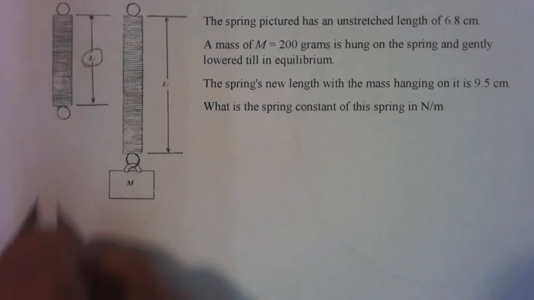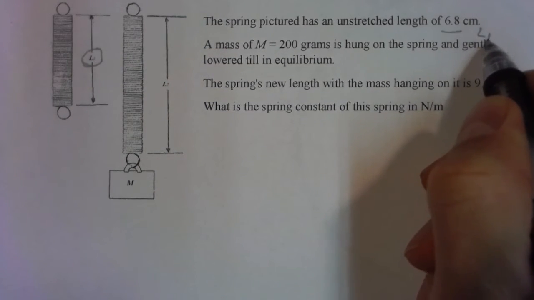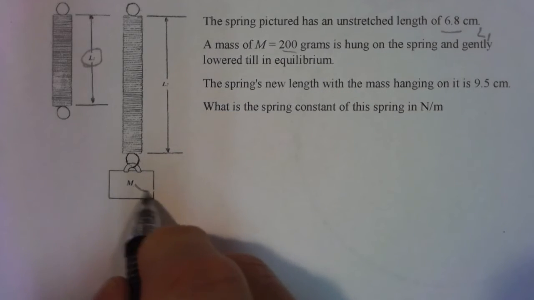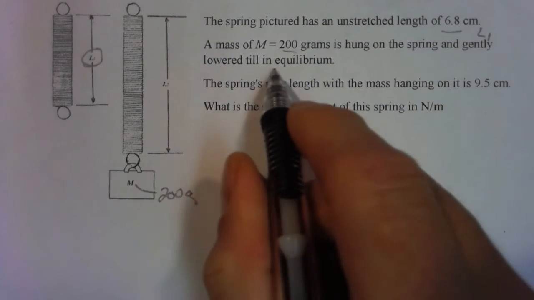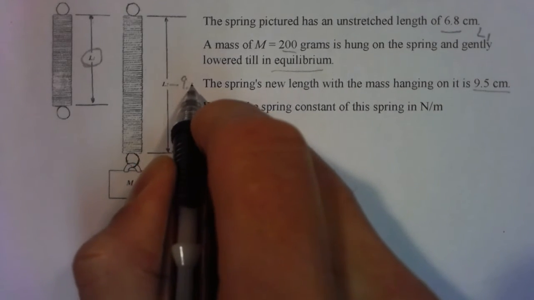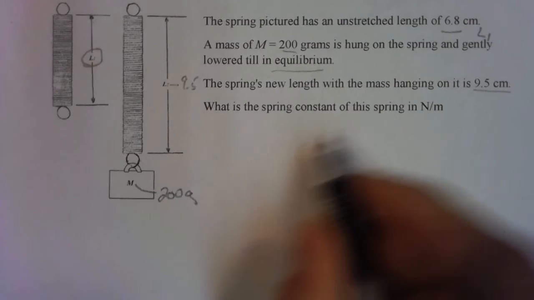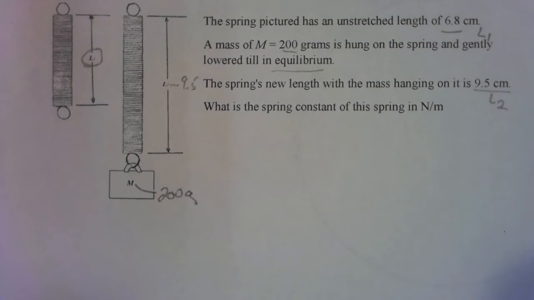That's this, L1. A mass of 200 grams, that's that, is hung and gently lowered till in equilibrium. Its new length is 9.5 centimeters, that's this, L2. What's the spring constant?